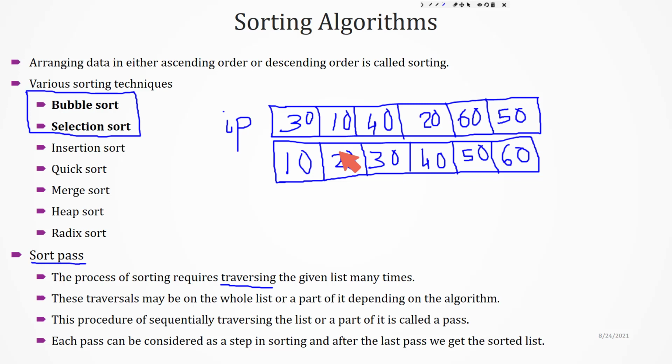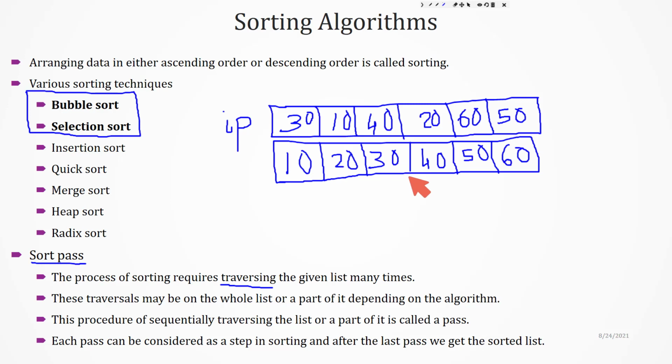So for sorting we have to look at these numbers multiple times, or read or access each and every cell a number of times. Whenever we traverse all these numbers, or partially traverse some of the numbers, that is called a pass.